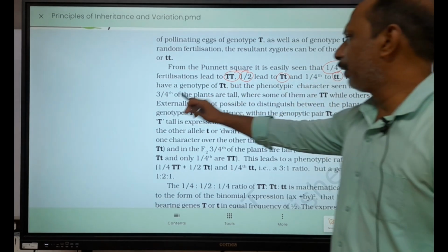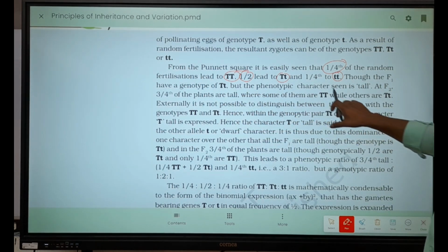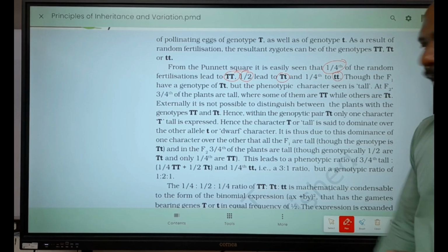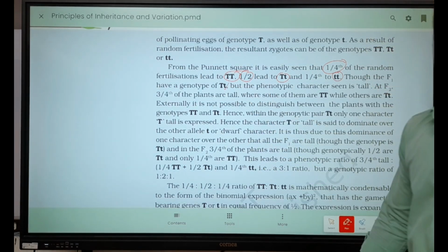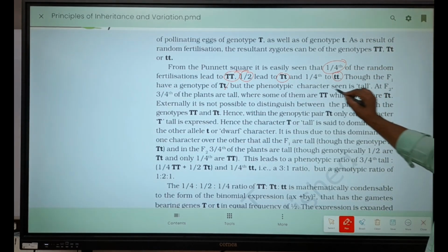Though the F1 has the genotype capital T small t, the phenotype character seen is tall. The genotype is hybrid, but the phenotype is tall.